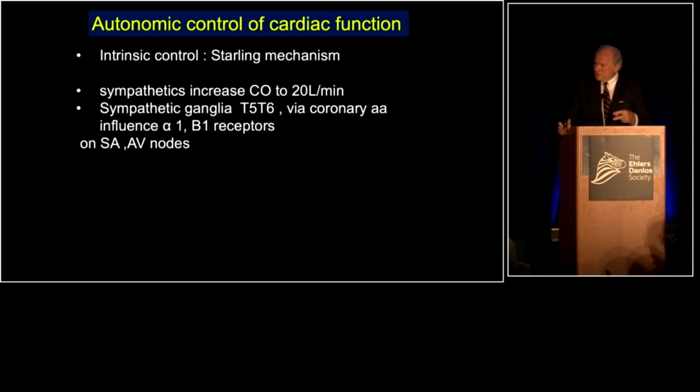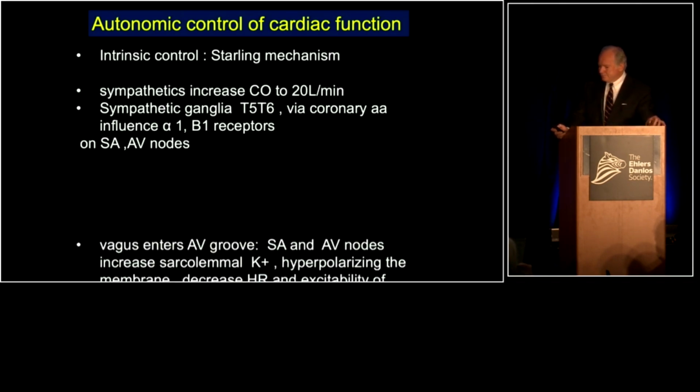And these fibers exit the spinal cord in the mid-thoracic spine around T5, T6, and they influence the alpha-1 and beta-1 receptors to increase that power of the cardiac contraction. They also enter the sinoatrial and atrioventricular nodes to speed up contraction.